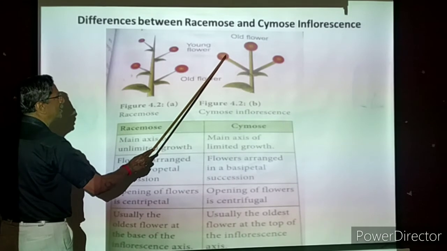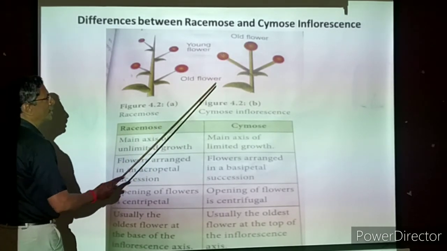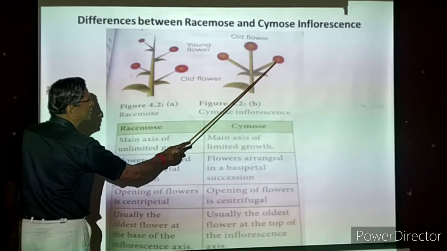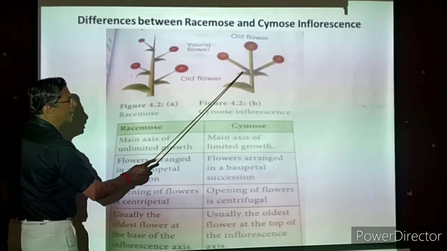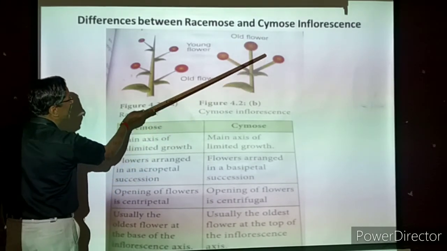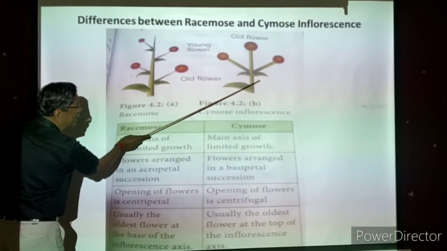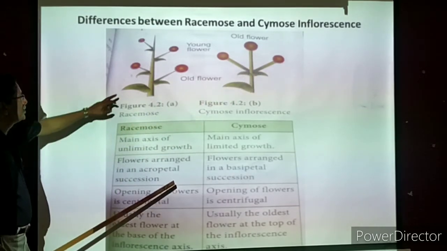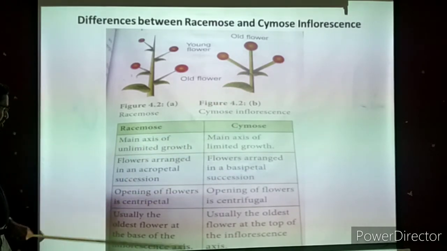It is a second flower, younger to the first flower. Now the third flower is formed. Imagine like that. This is further younger to the second. So what we are understanding from this, old flowers will be present at the tip of the peduncle. Younger flowers are present near the base of the peduncle, opposite of this one. That is called basipetal succession.